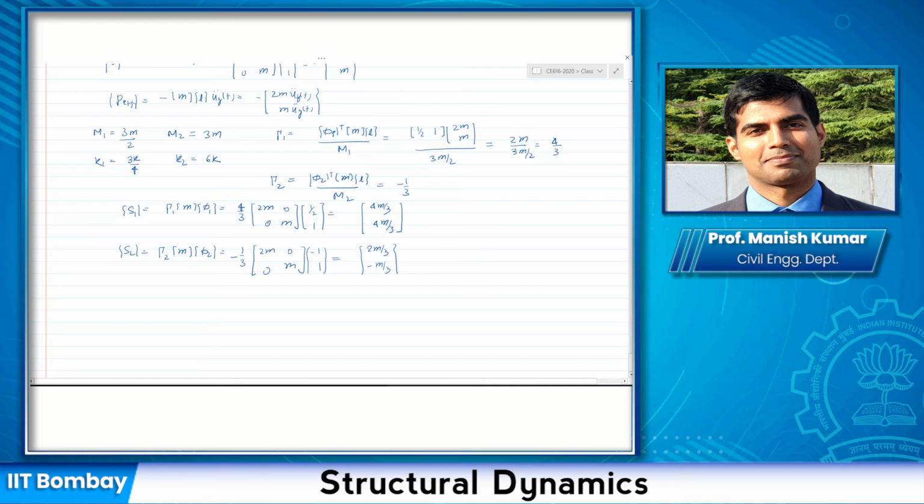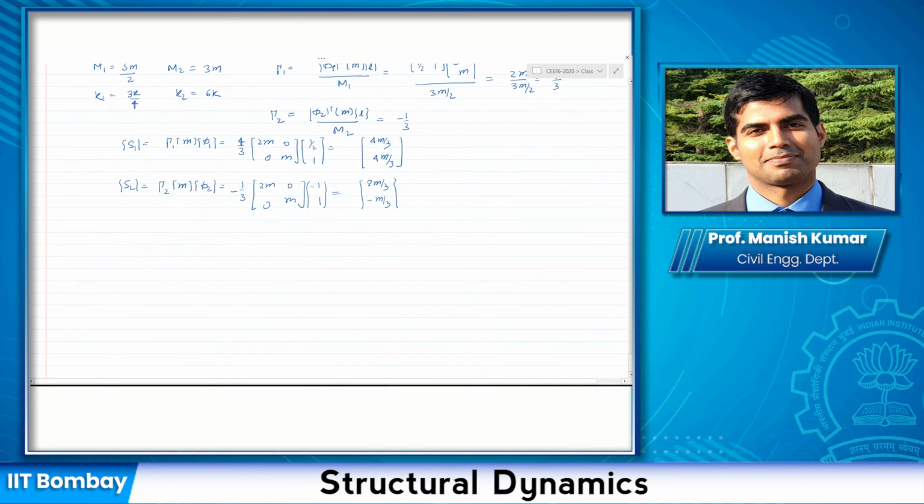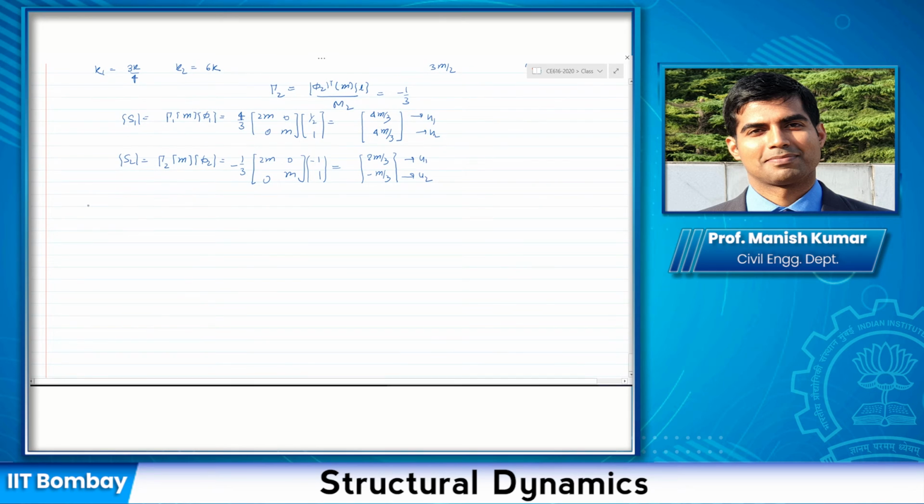Correct? And remember, this is my u1, this is u2. It would be better interpreted in terms of graphical representation. Total mass is 2m here and m here, and this is my S. Remember, S was 2m and m.